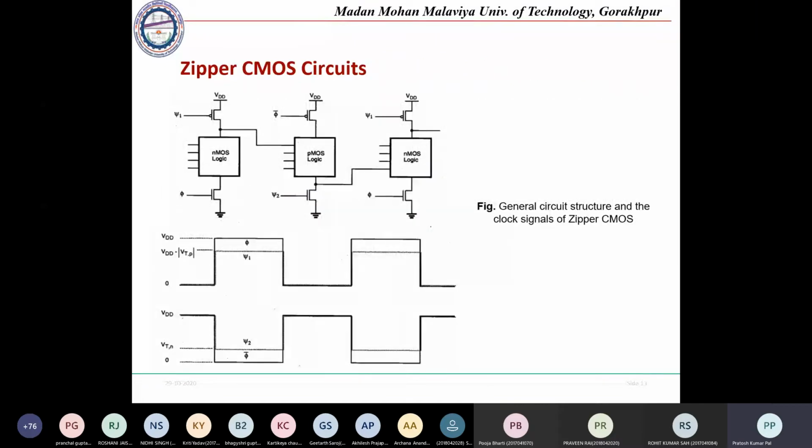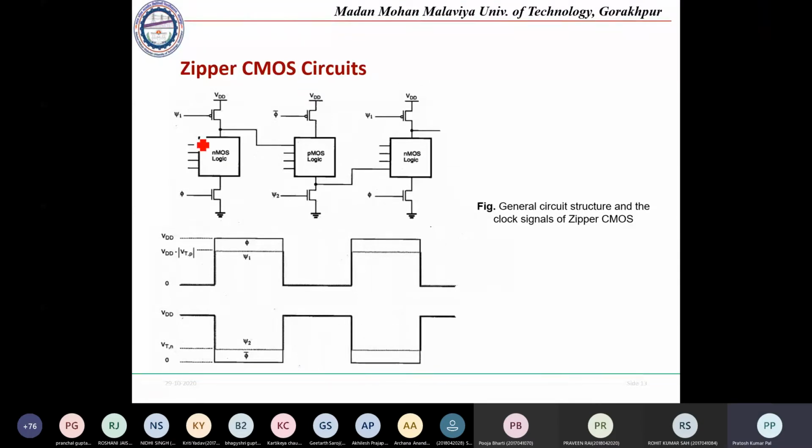So two different clocks will be used in the Jeeper structure, and it will have a structure similar to the Nora logic. NMOS logic is there, then again PMOS logic, then again NMOS logic, and so on. So this is the generalized structure of the Jeeper circuit, Jeeper CMOS logic.